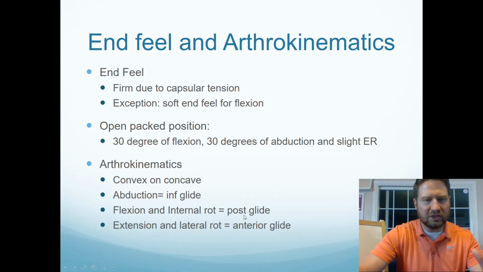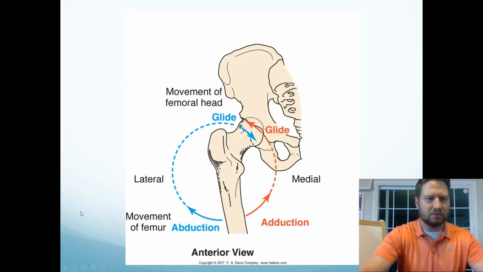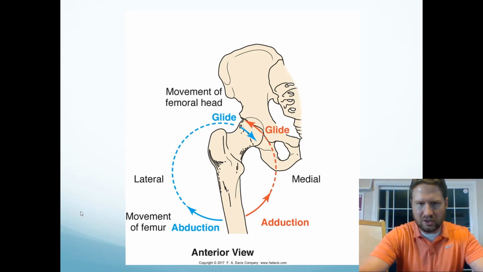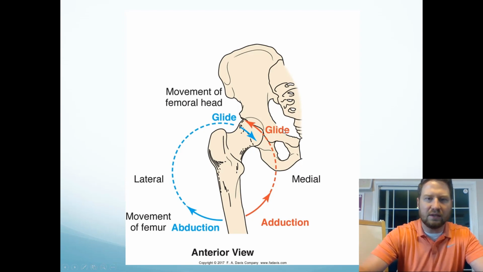Remember, early in the range, it's a posterior glide, and then once it gets above a certain position, that femoral head has to slide inferior. So for flexion only, you're going to have an inferior glide higher in the range. This is just a good visualization of those arthrokinematics and how the roll and the glide are going to be in opposite directions.